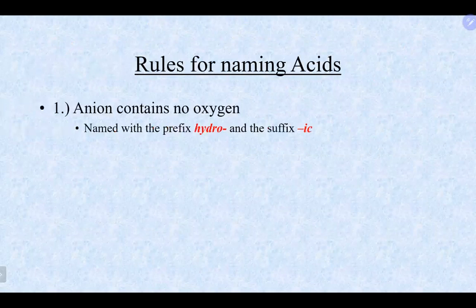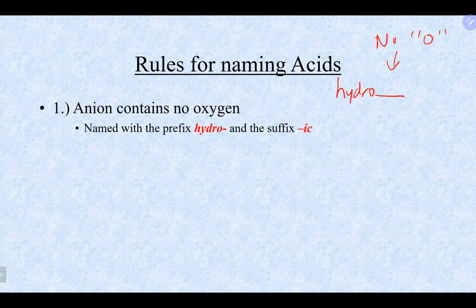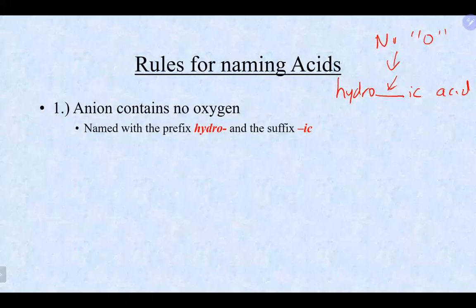So first off, if there is no oxygen in your acid, basically the acid starts with hydro something ic acid. The something here is basically the anion, the negatively charged guy.